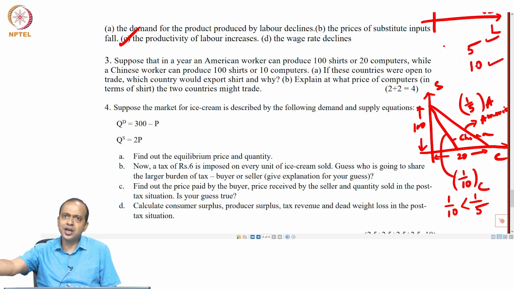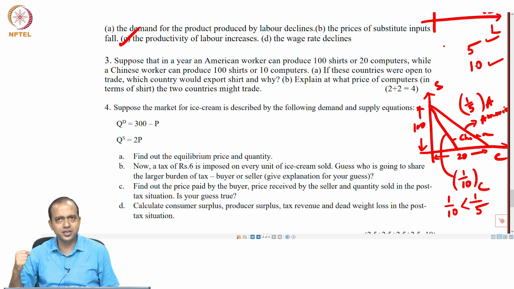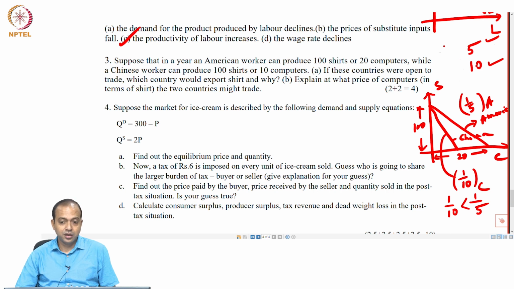But if I get the computer from America, America is asking me to give 15 certs per computer. So, that is not at all acceptable. So, that means the price should be in between these two. Okay, in between these two.